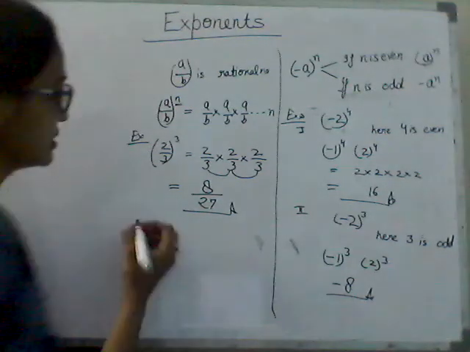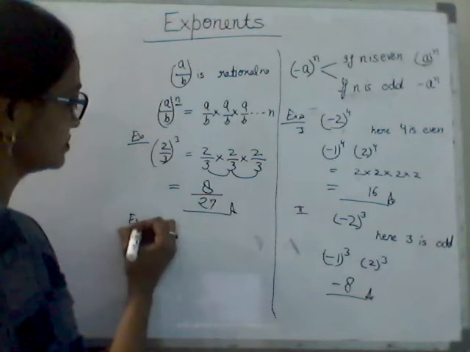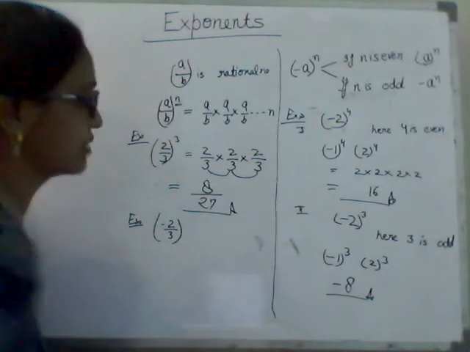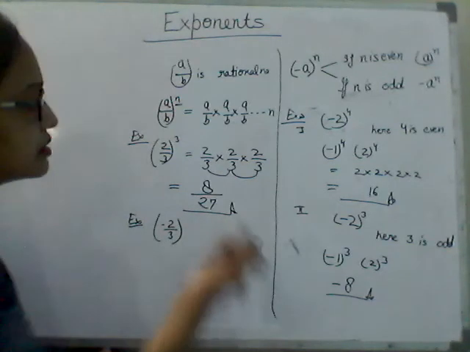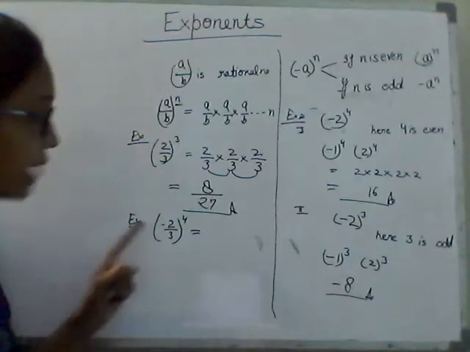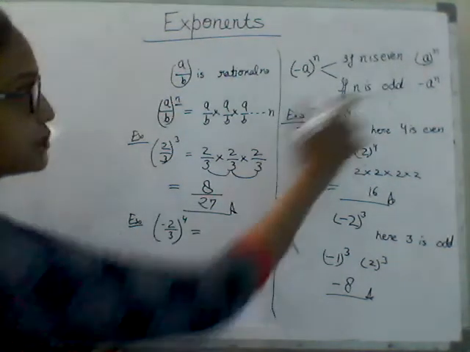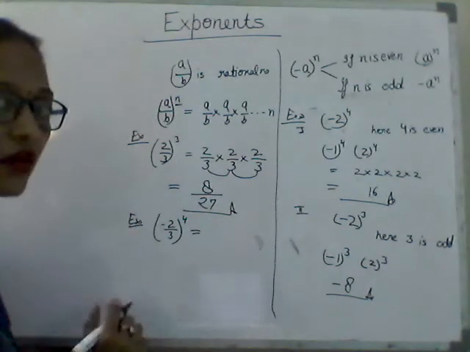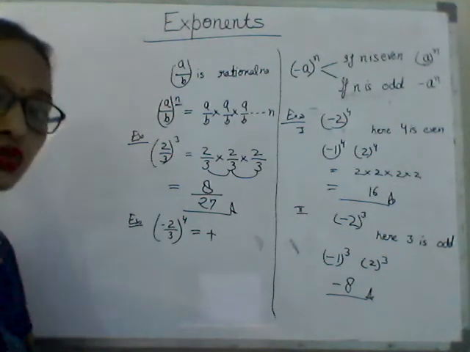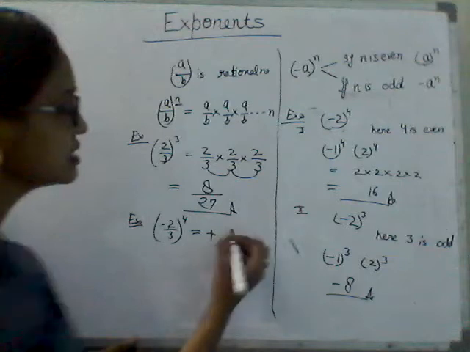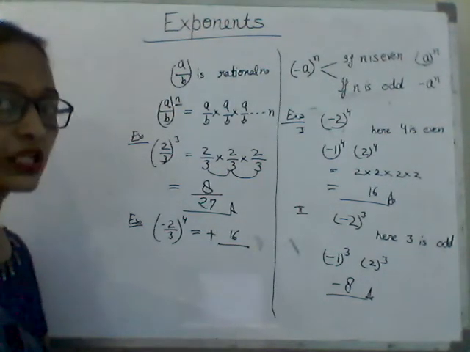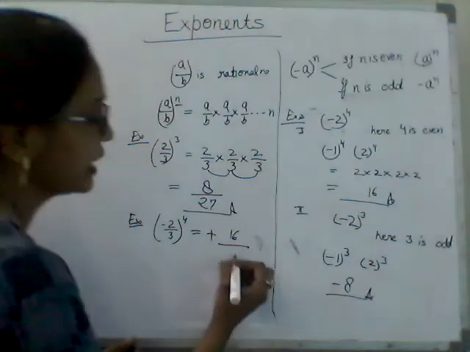Let us take another example: (-2/3) to the power 4, an even number. Use this property: (-1) to the power 4 means plus 1, and 2 to the power 4 is 2, 4, 8, 16, and 3 times 3 is 9, 9 times 3 is 27, and 27 times 3 is 81.